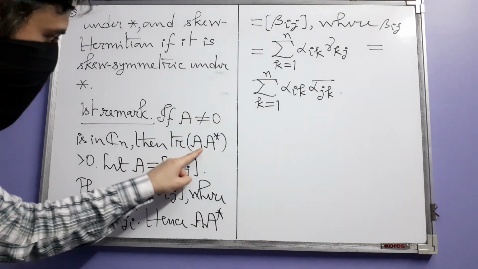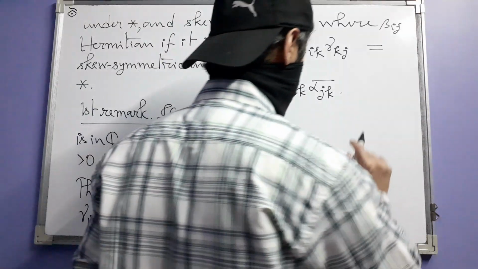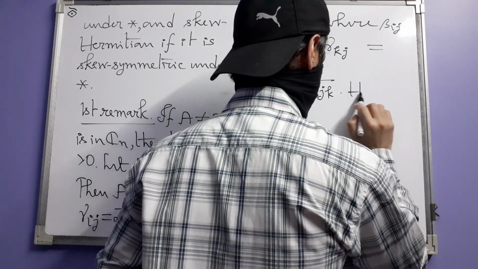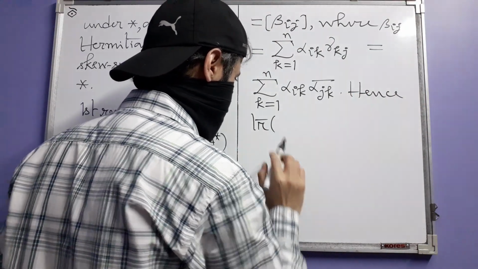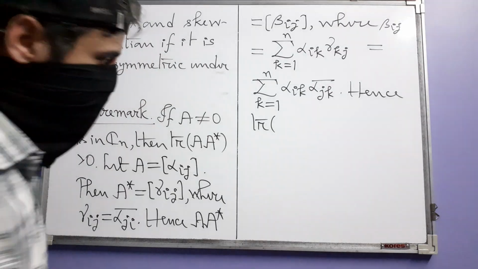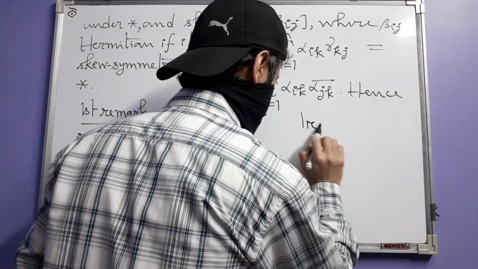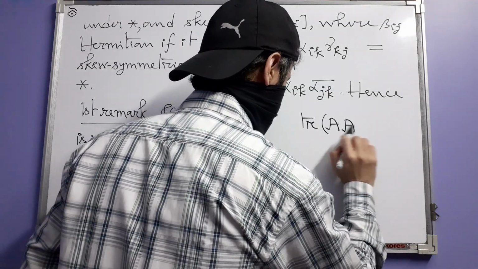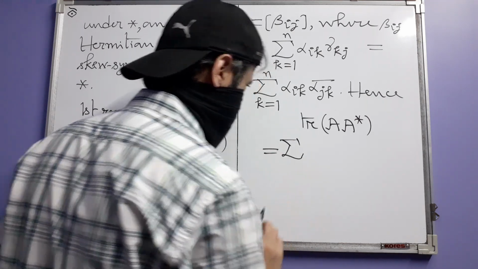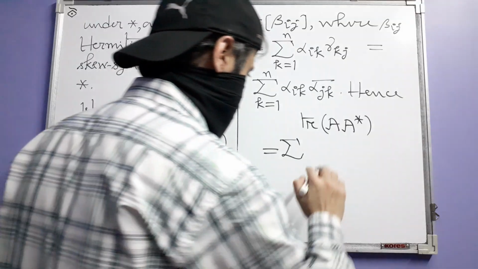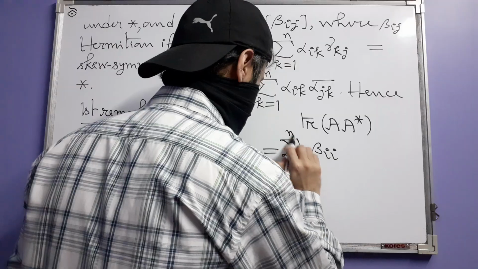But we want to know the trace of this. And what is trace? Trace is the sum of diagonal entries, leading diagonal entries. Hence, trace of A star A is by definition the sum of the diagonal entries of A star A. That means beta ii, where i goes from 1 to n.